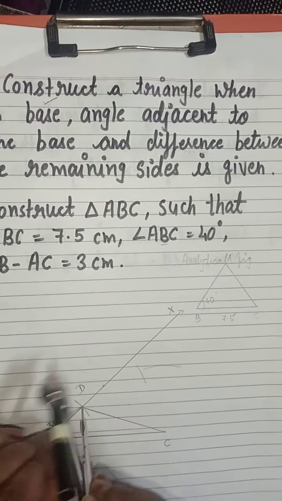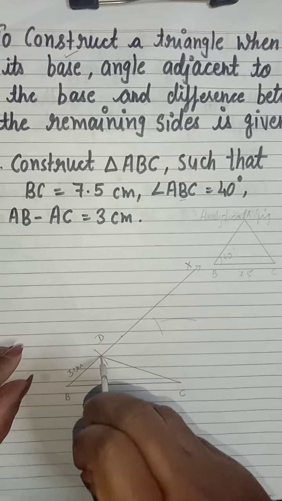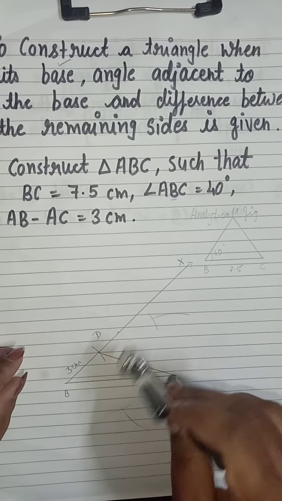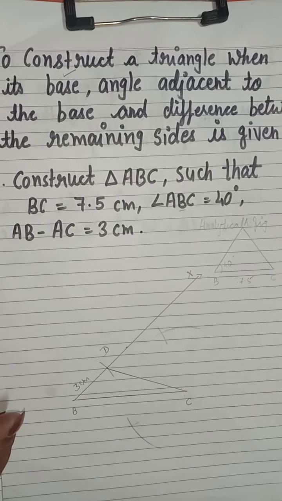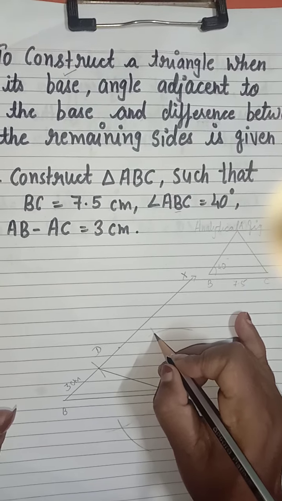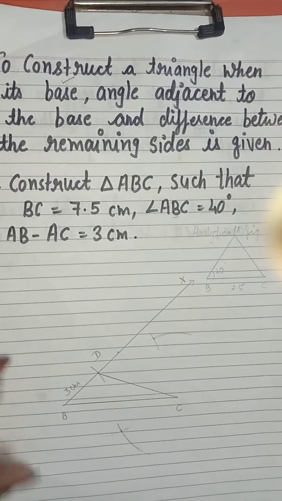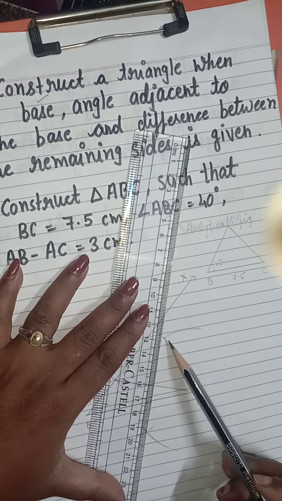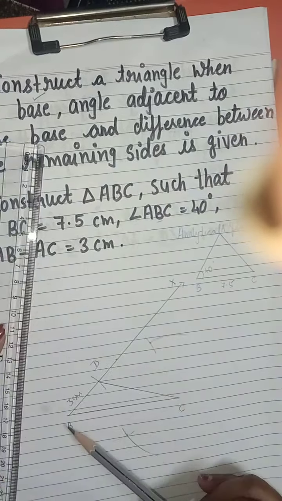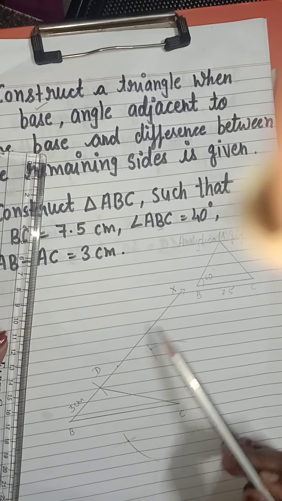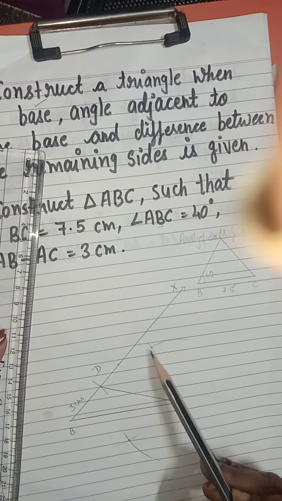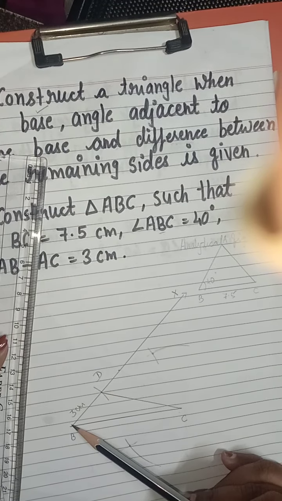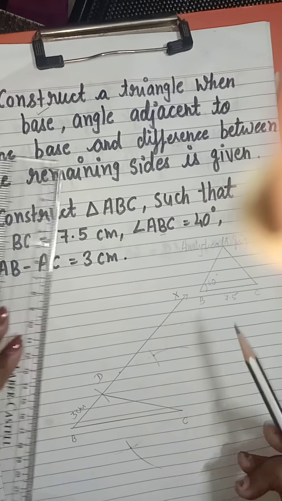So we will intersect the previous arc. If it is not intersecting, please keep the compass on C again and extend the previous arc. Now this will be your point and this is also a point. Now we will join these two intersecting points in such a way that this perpendicular line intersects ray BX at one point.